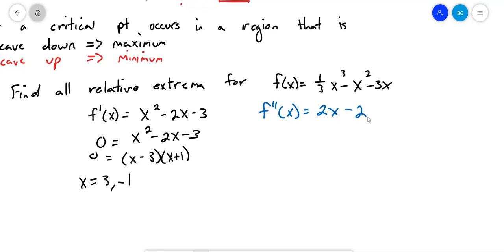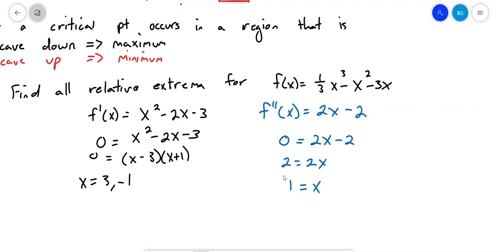If I want to find where this changes concavity, I can just set it equal to 0 and find where the 0 point is, and then anything on one side of the 0 would be positive, and anything on the other side is going to be negative. So let's solve: 2 equals 2x, x equals 1.